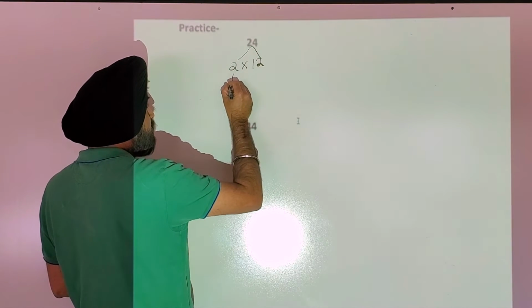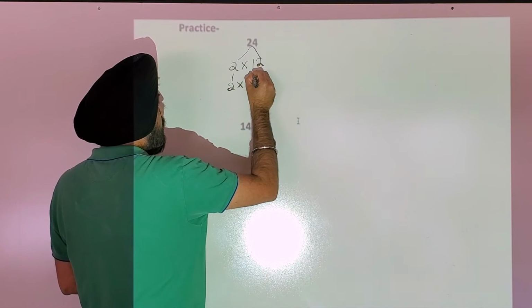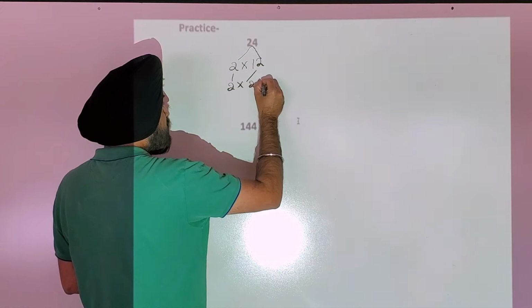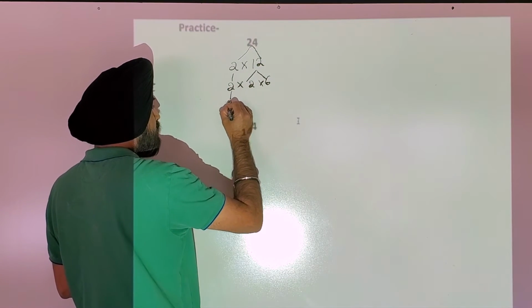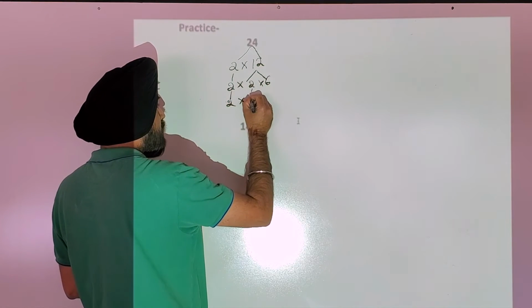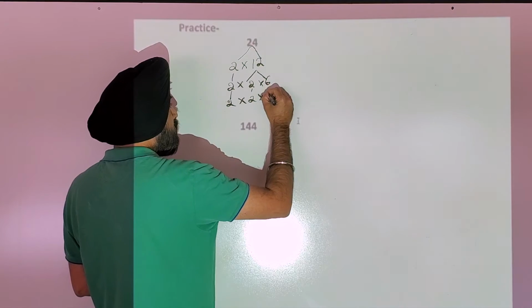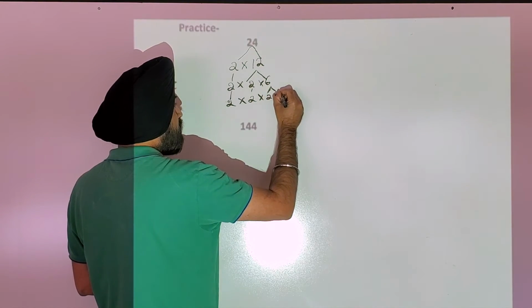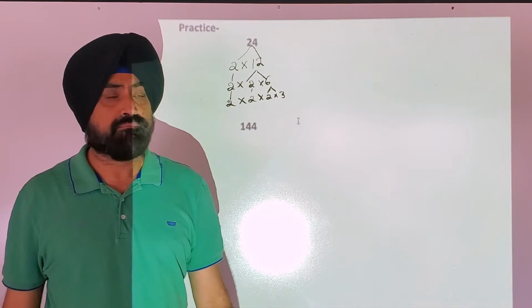And write 2 as it is. 12 can be written as 2 times 6. 2 is a prime number, write as it is. 2 is a prime number, write as it is. 6 can be written as 2 times 3. Now see, in the last line, all numbers are prime numbers.